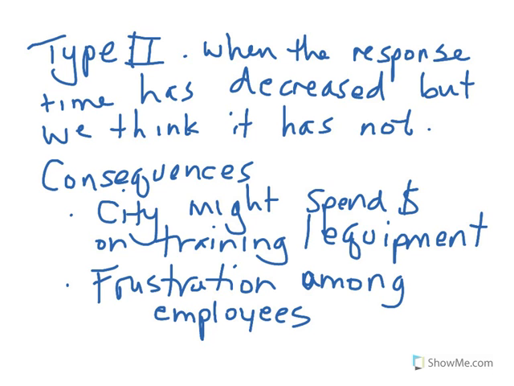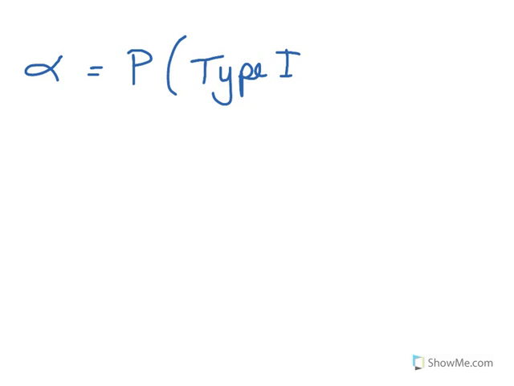So let's remind ourselves what the linkage is between the two types of error, and then we'll talk about the power of the test. Remember that alpha is equal to the probability of a type 1 error occurring. And so with that in mind, if we want to avoid a type 1 error, which we do in this case, we need to reduce alpha.